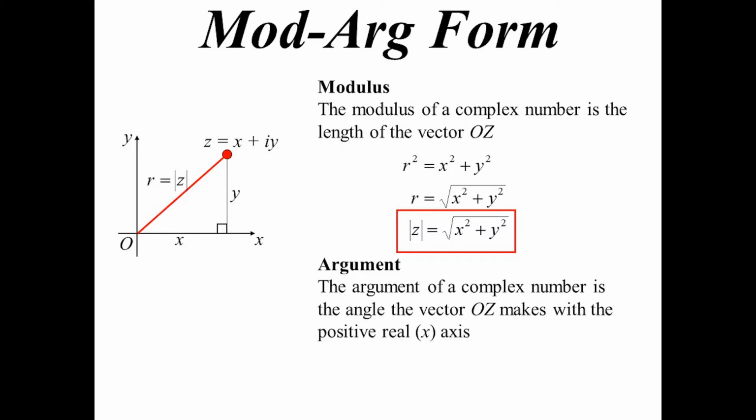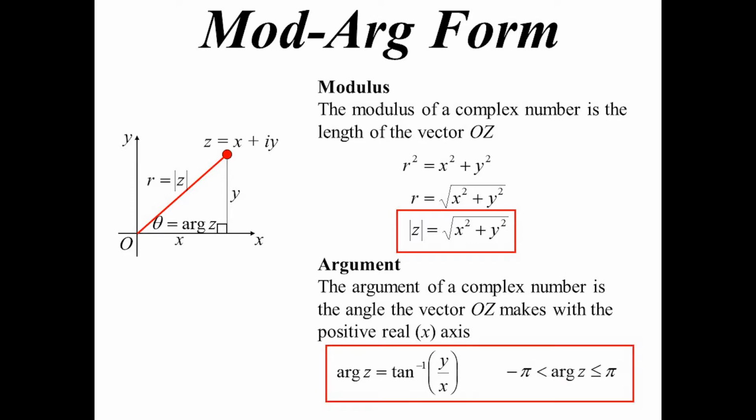And then we have this thing called the argument, and that's like the direction of the vector. So that angle in there, theta, which is the direction of the vector, we call the arg, or the argument, of the complex number. It will be the inverse tan of the imaginary part over the real part. And we always define, similar to what we did in vectors, that angle to be either positive acute or obtuse or negative acute or obtuse.